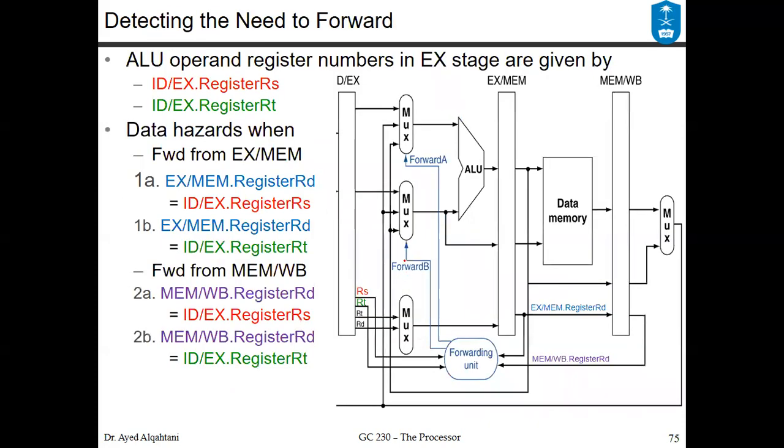Now we want to be able to detect the need to forward. And to do this, we need the RS and the RT, which are the operands that read the registers.